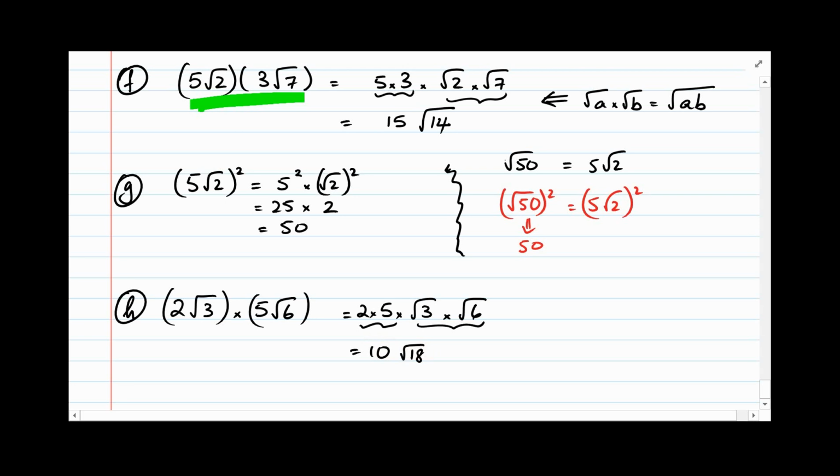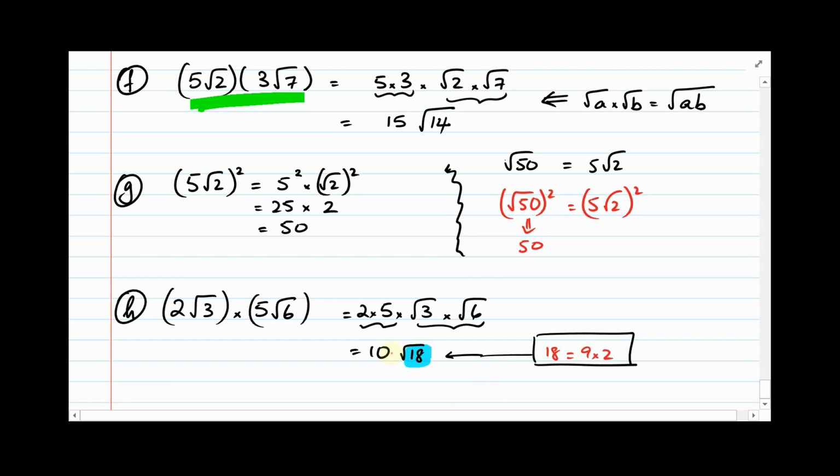We're not done. Whenever we are doing these problems, we need to look at what's underneath the square root sign, underneath surds, and determine, is it simplified? And if I look at 18, well, 18 is 9 times 2.